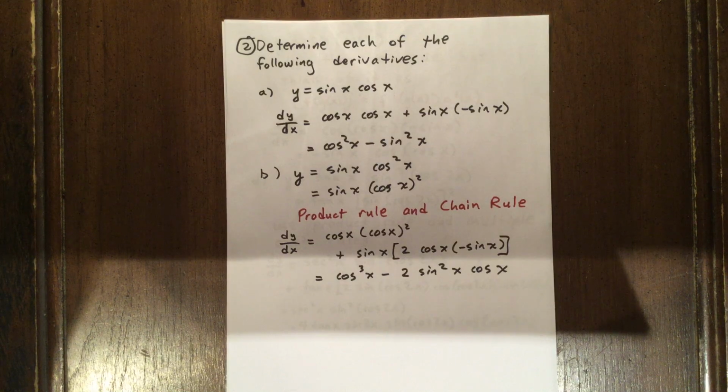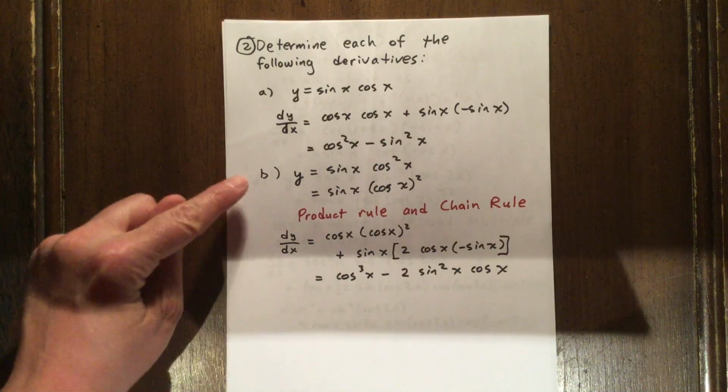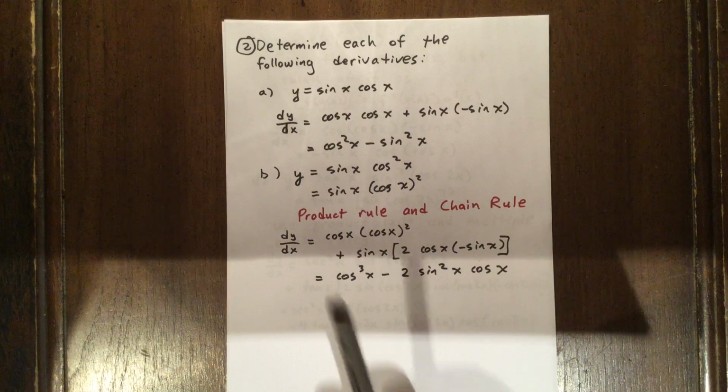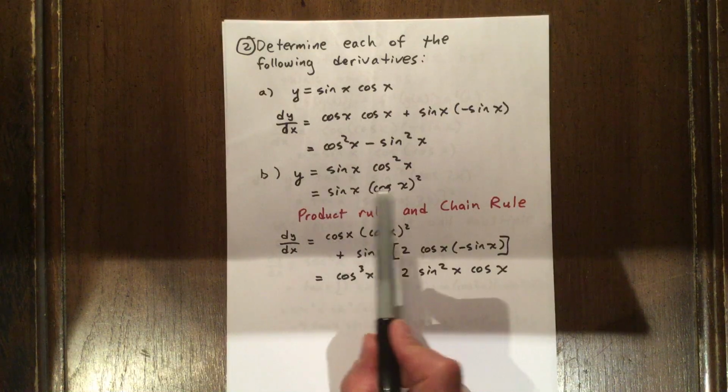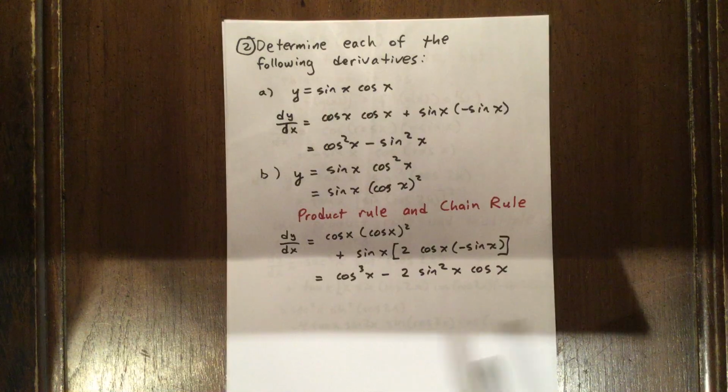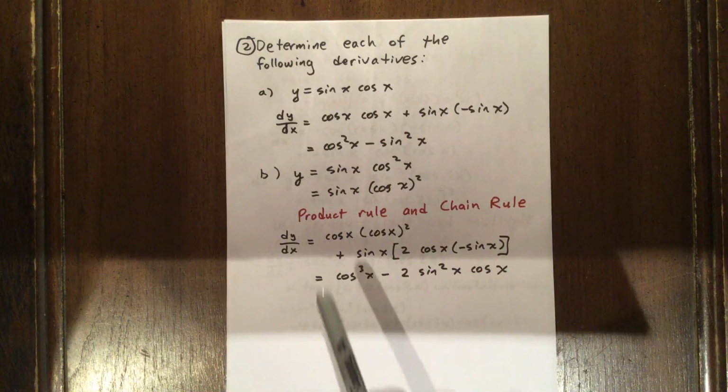The next one, question B, we have y equals sine x times cos squared x. Well, that's the same as sine x times cos x quantity squared. So we're going to use a product rule here because we have a function times a function. And then we're also going to have to use the chain rule within the product rule.